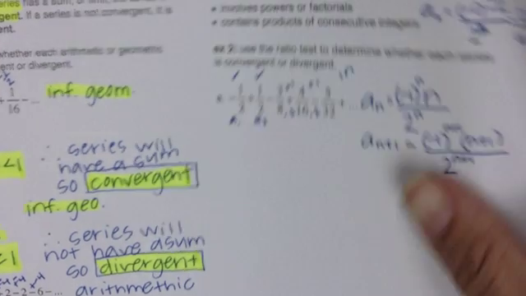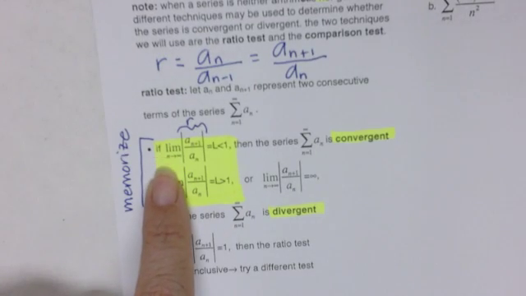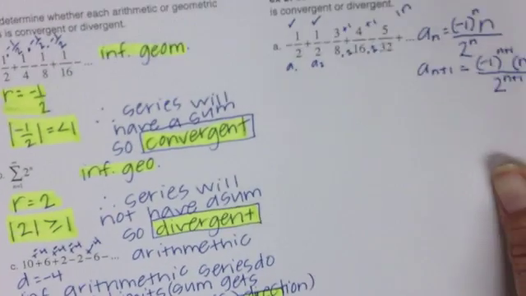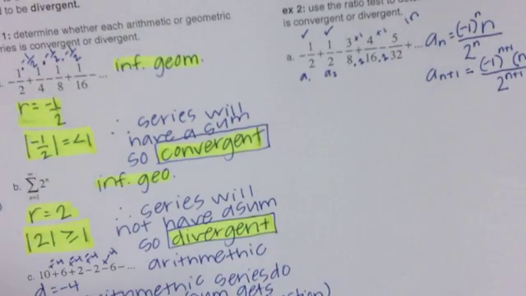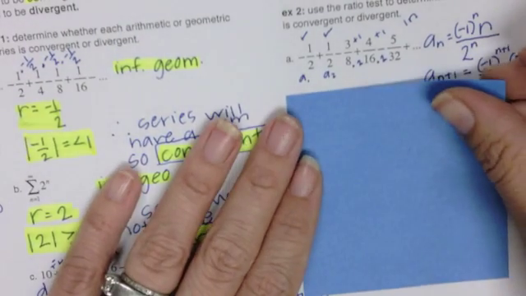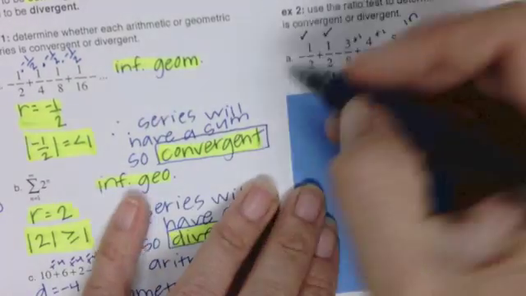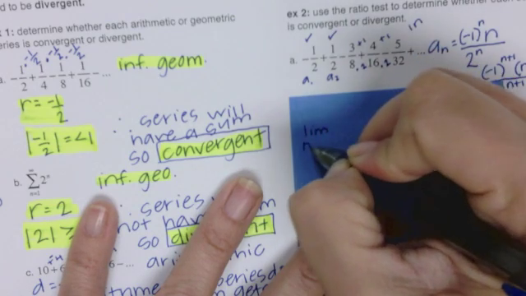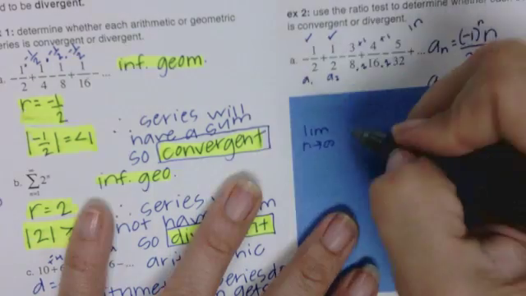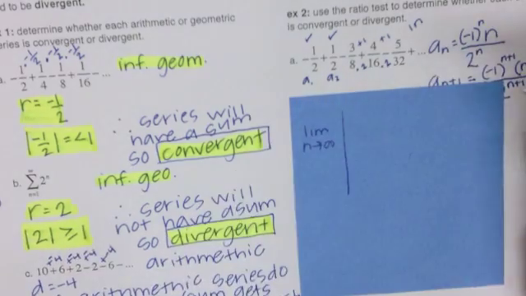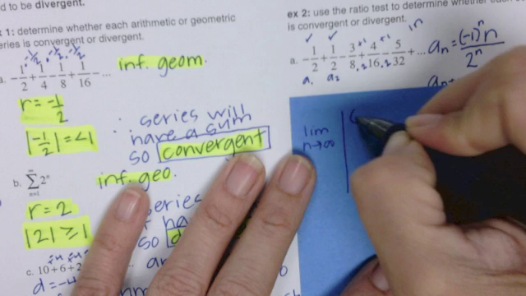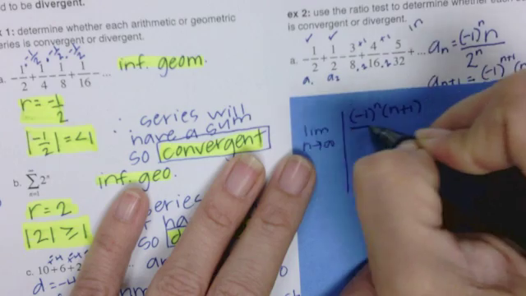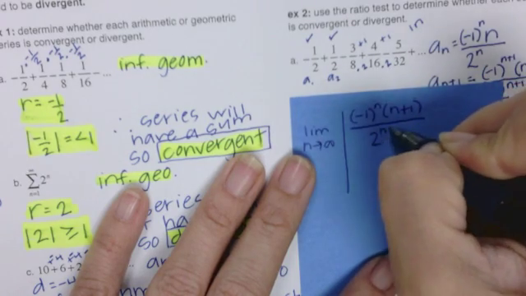Well, that's because the ratio test says take the limit as n goes to infinity of this. So I'm going to show you guys on a post-it. Don't write this down, because I'm going to show you a shortcut. So this rule says take the limit as n goes to infinity of a sub n plus 1, right?